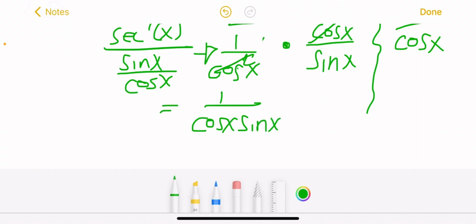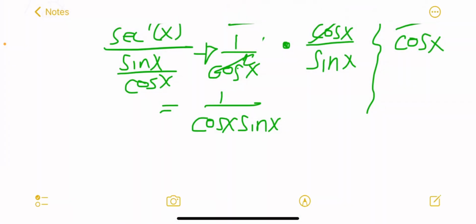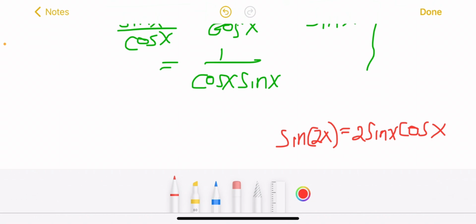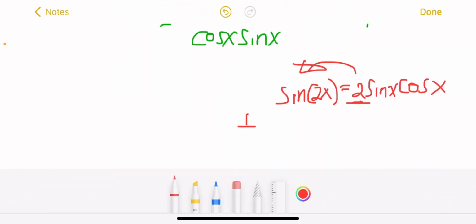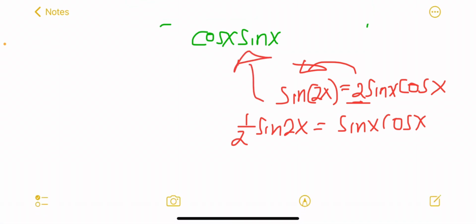Okay, and now, this is crazy. Now we know that sine of 2x is equal to 2 sine x cos x. Check this rule. We know this. So now we can take this 2 to this side. This means that 1 over 2 sine 2x is equal to sine of x cos x. And then we substitute it there.